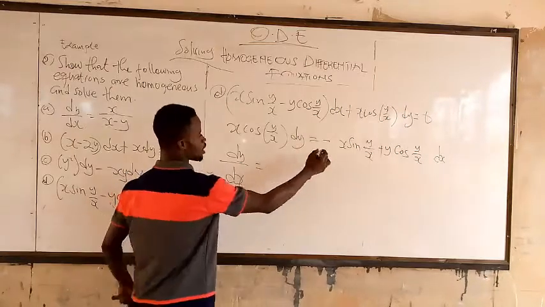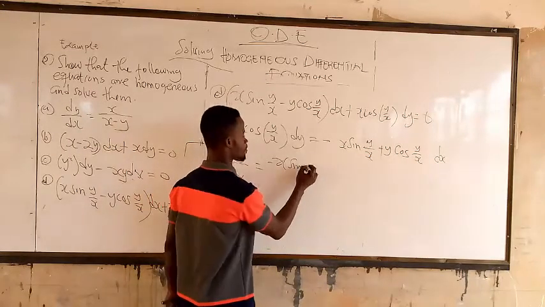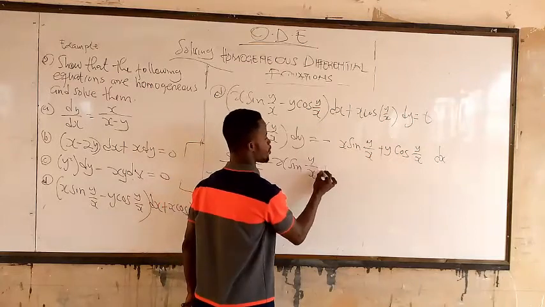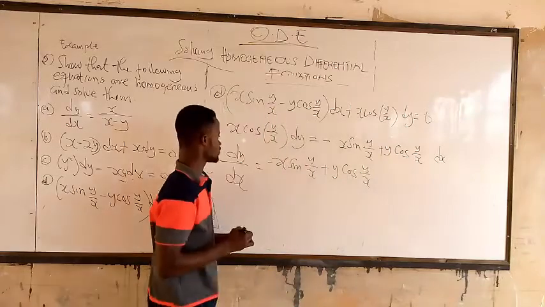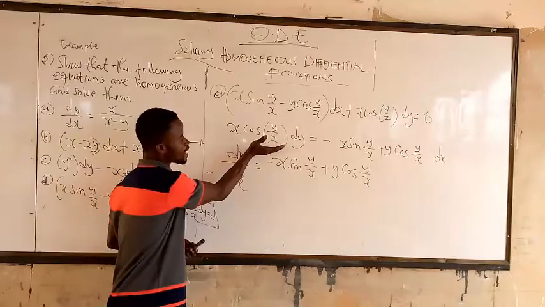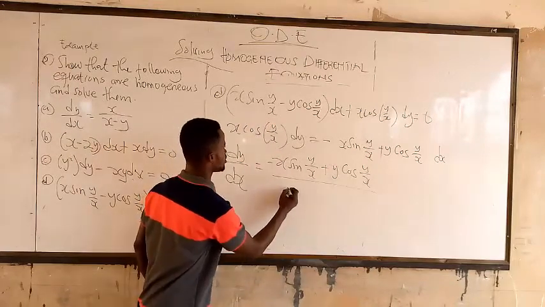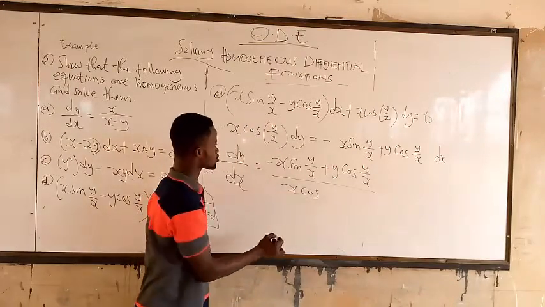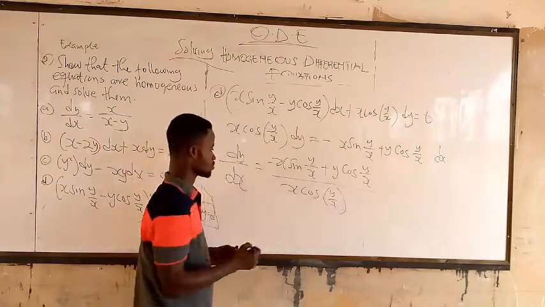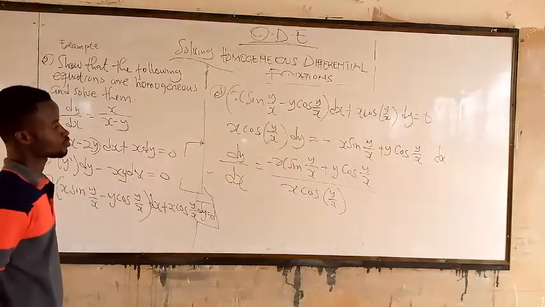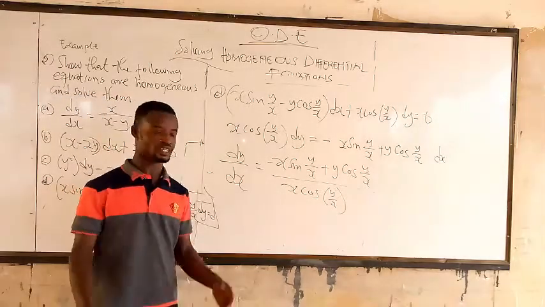And now we are going to have negative x sine y over x plus y cos y over x. Then we divide both sides by the whole of this, over x cos y over x. Yes, that's exactly what we have.